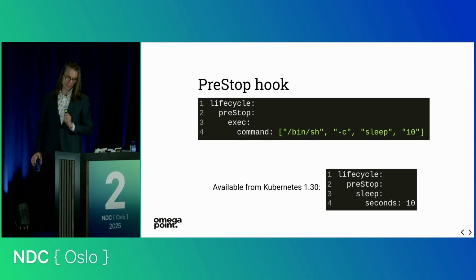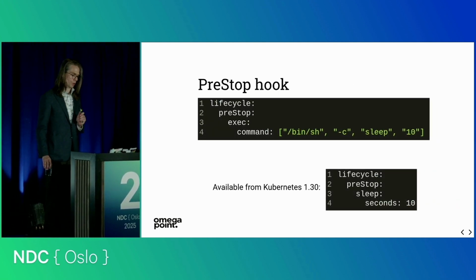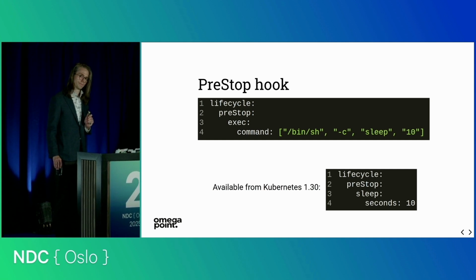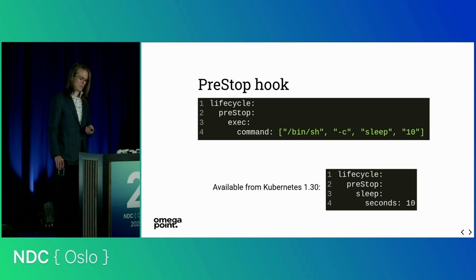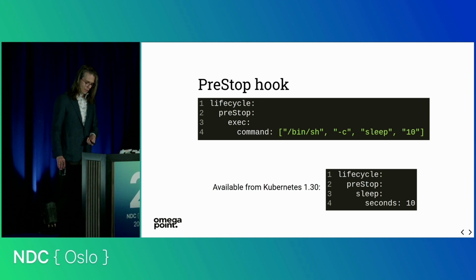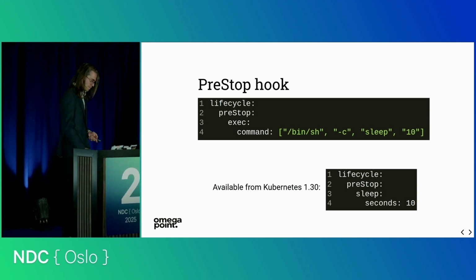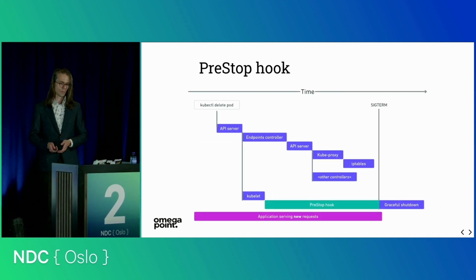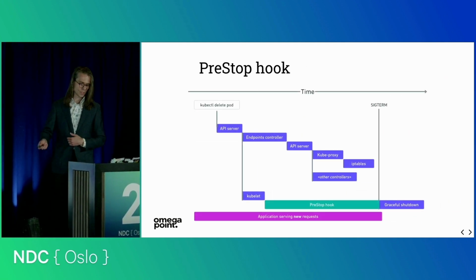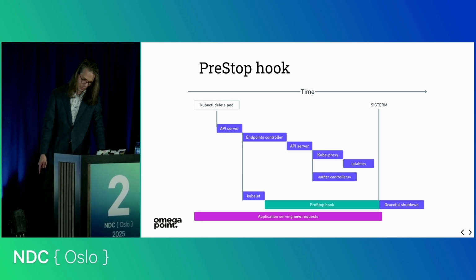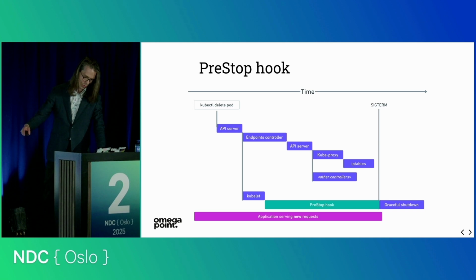And then lastly, we have the pre-stop hook, which can be used to sleep. And recently, we also got the explicit action to sleep. And yeah, can you guess, sort of, again, getting ahead of myself. This is how it would look in the diagram, and we postpone the whole SIGTERM sending.